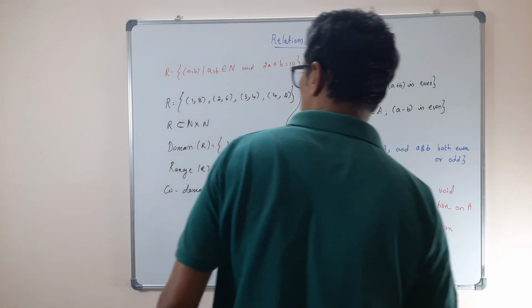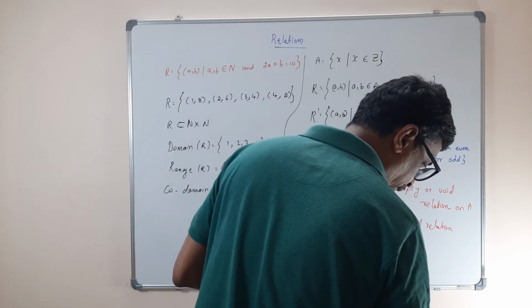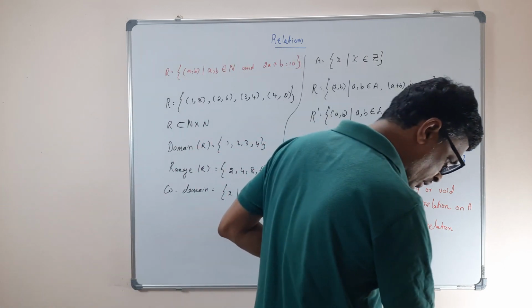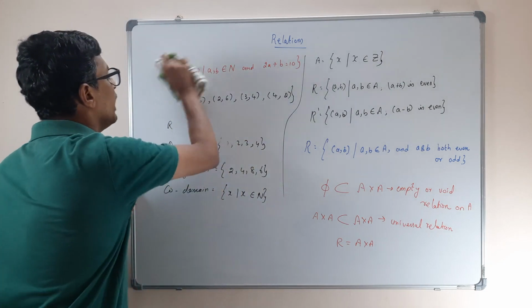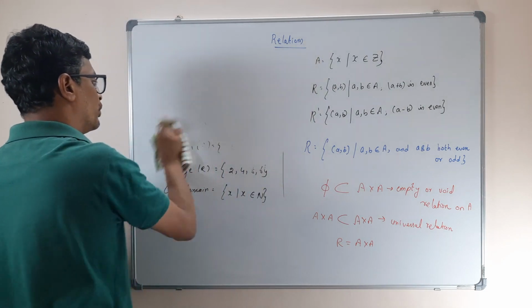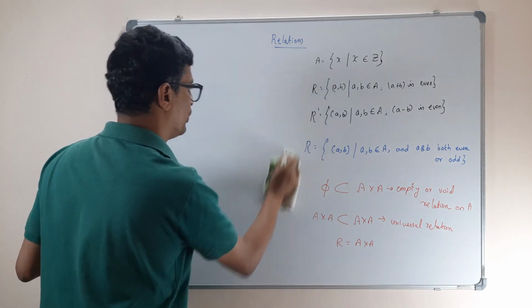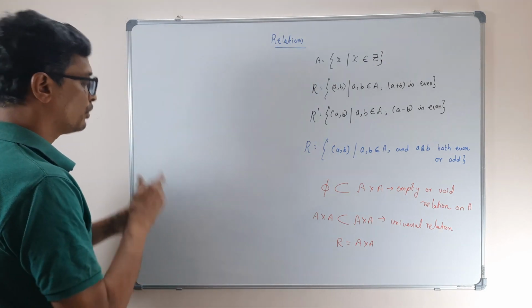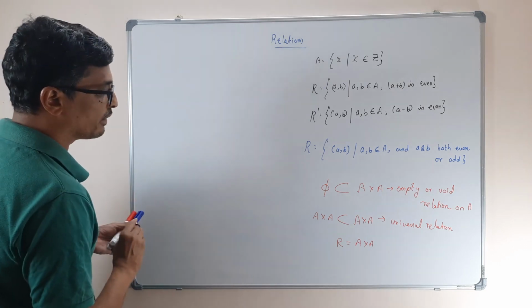The next one is important. Suppose we have two sets, A and B. I am not going into the proof of it, but if you remember, we had done that.